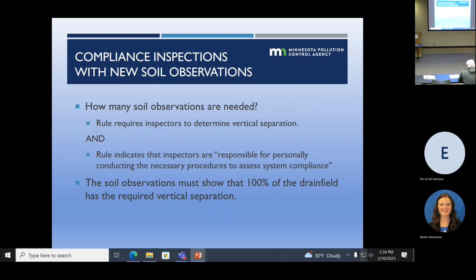Is that enough for you to feel good 3, 4, 5 years from now, when somebody else takes a look at it, and they do 4 observations, and I don't know what you were looking at 3 years ago, but I can't find it. Every observation I've done isn't good. And then the landowner gets excited and hires a second opinion because they want your answer from 3 years ago.